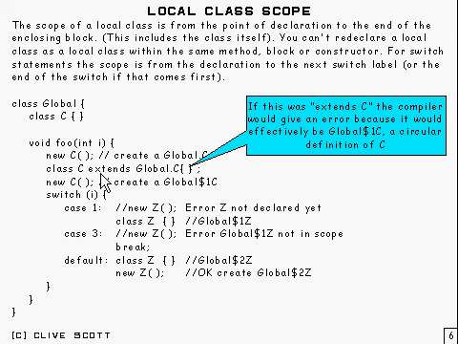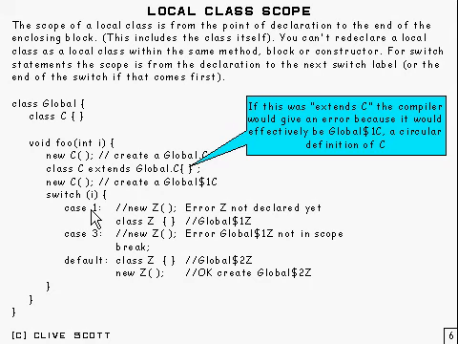If it had just said extends C, of course that would be an error, because it would effectively be a circular definition, because the scope of that starts from there to the end of the block, so for the rest of this method in effect. So you can't say just C there, it has to be global.c to pick up that one. And if we do new C now, it's going to create global$1C. That's effectively what it's going to be creating an instance of.